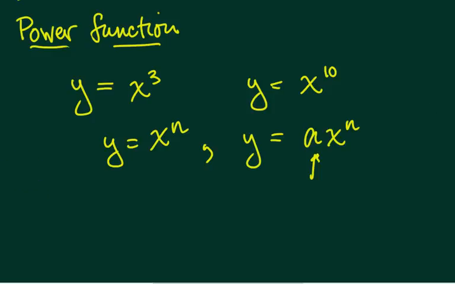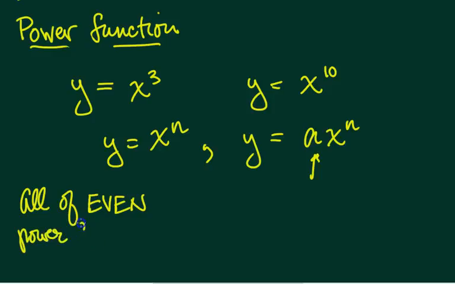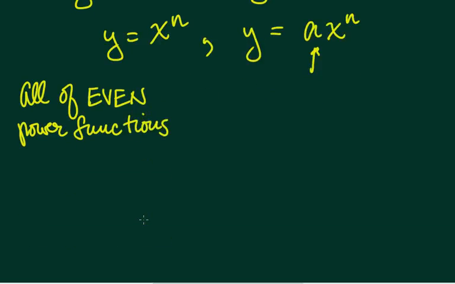So all of the even power functions look more or less like x squared, which of course has a shape like this.